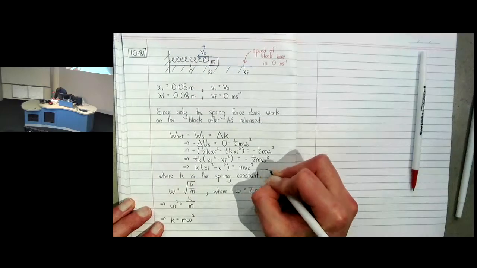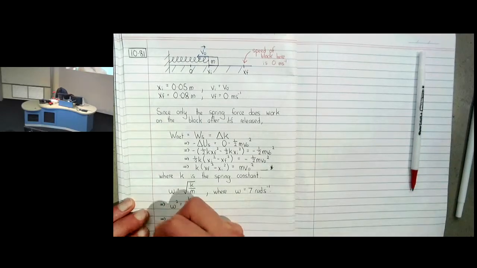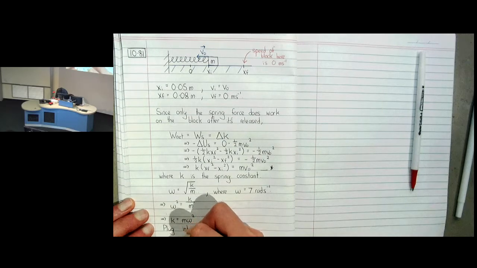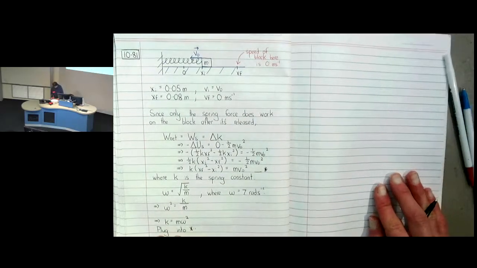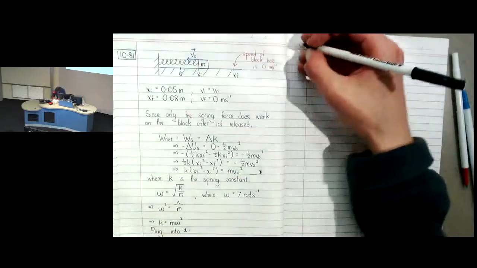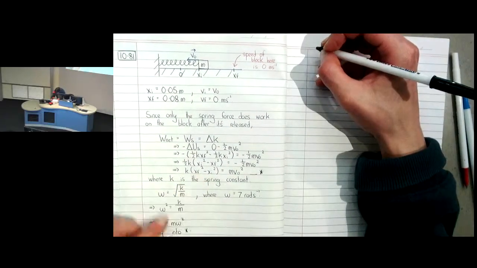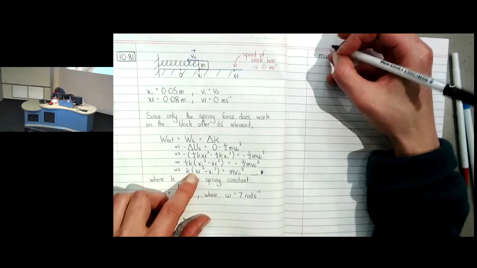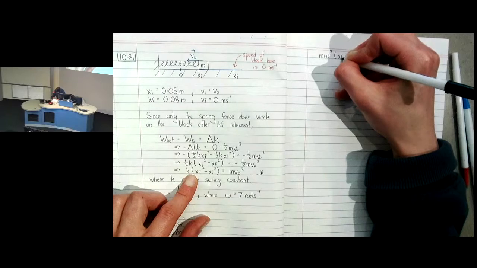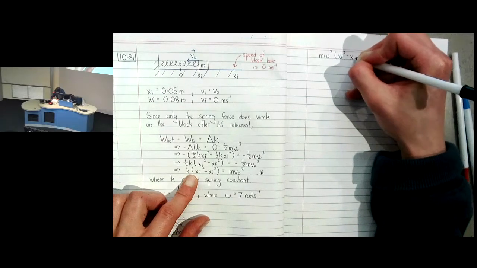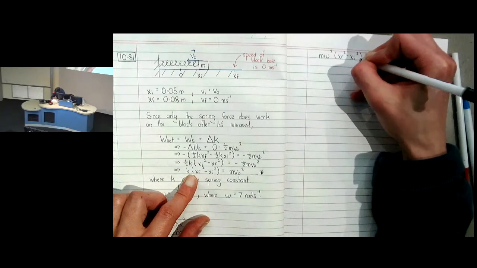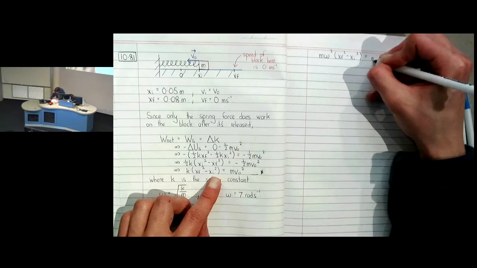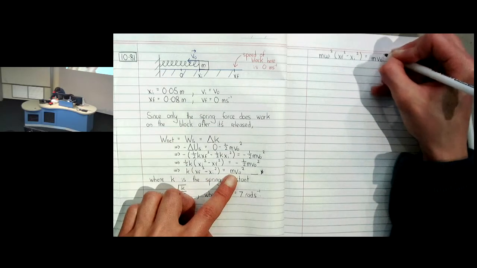So if we call this equation star, we can plug into star. And what we get from doing that is we find that the mass times the angular frequency squared times the difference of the squares of the initial and final positions is given by m V_0 squared.